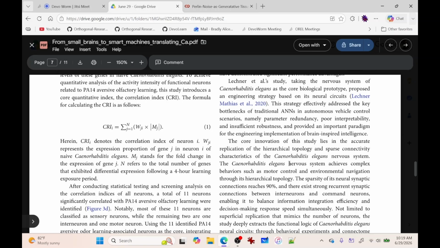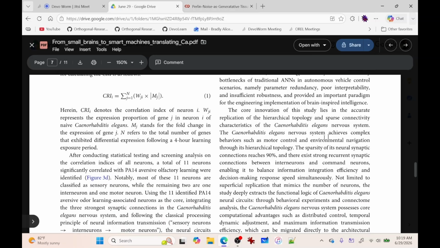elegans connectome. The C. elegans nervous system achieves complex behaviors such as motor control and environmental navigation through its hierarchical topology. So, this hierarchical nature of the connectome is key here. The sparsity of its neural synaptic connections reaches 90%. Even though there are a lot of synaptic connections, it's still a sparse representation of full connectivity.